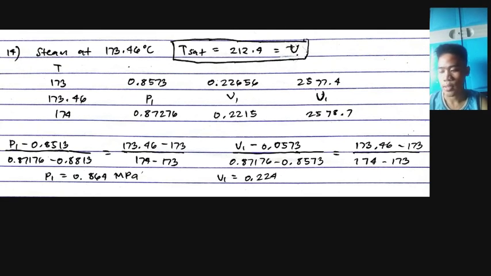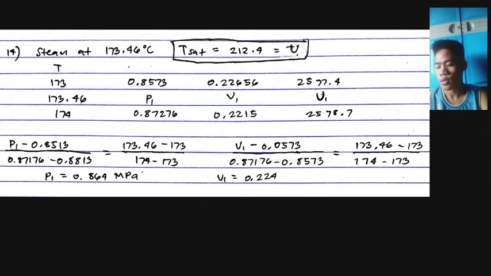And our given data equals T 173, 173.46, 174, 0.8573, P1, 0.87276, 0.22656, V1 rather, 0.2215, 2577.4, and U1, and 2578.7.